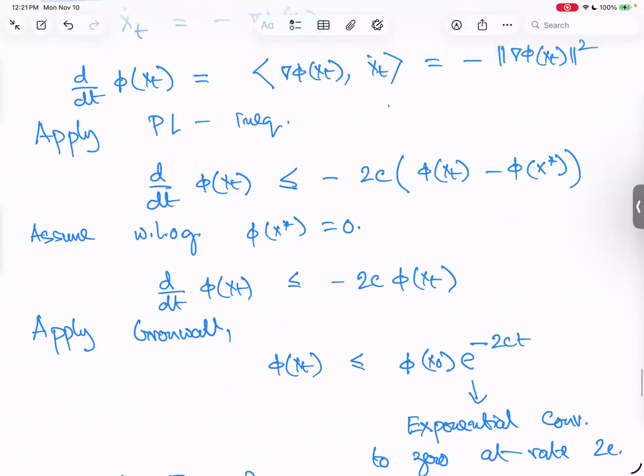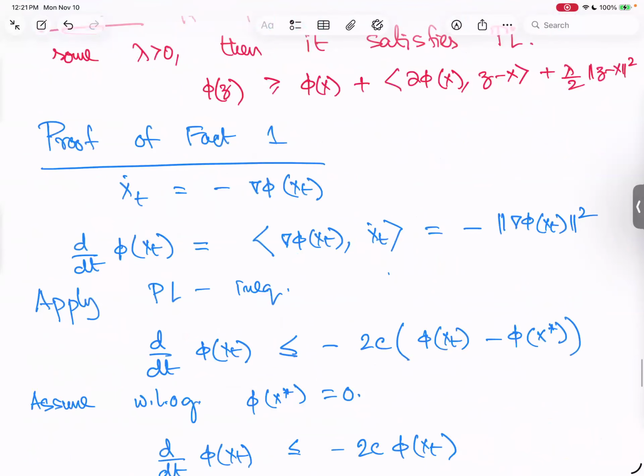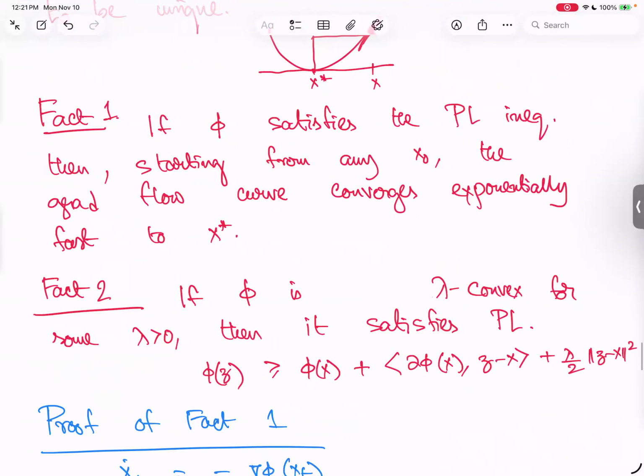Okay, so there's a fixed point, x star, to which I'm converging exponentially fast. So lambda convexity is saying any two curves are converging exponentially fast, which is much stronger because you can take the stationary curve and that will be exponentially fast, than the PL inequality, which is just talking about converging to the unique minimizer. Okay, we'll stop here, but I hope this was clear.